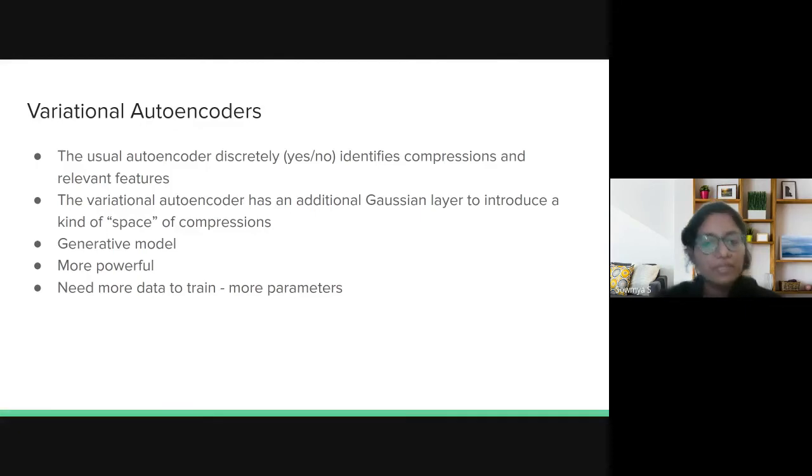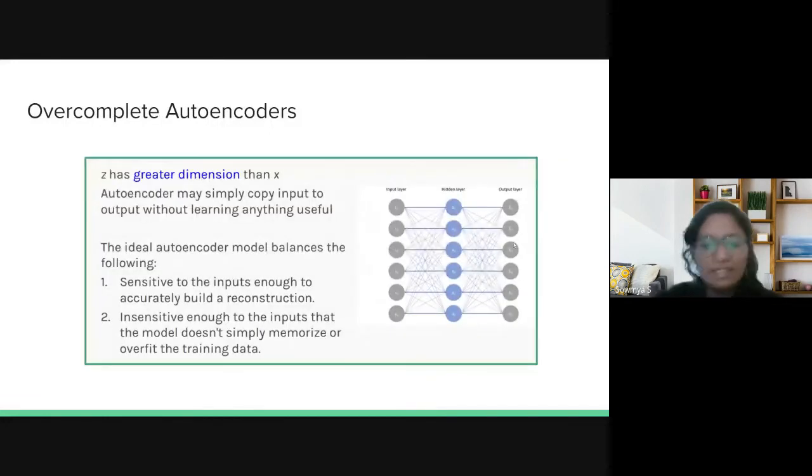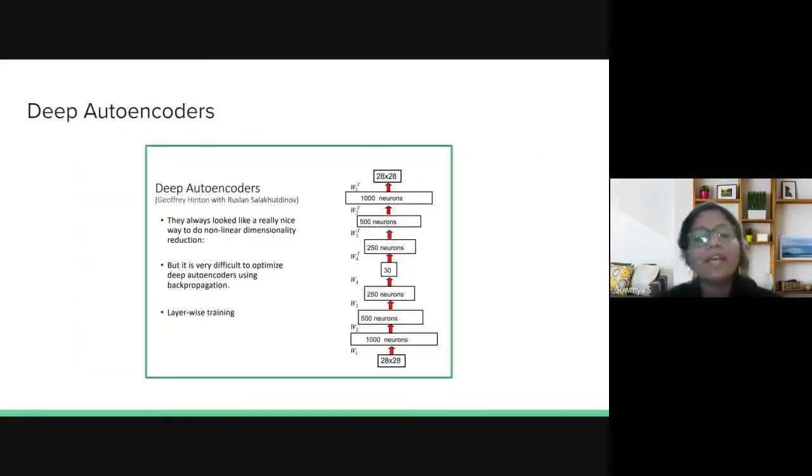So the idea is to bring in some more nonlinearity and some more learning, and you add Gaussian layers or continuous layers. So here it is discrete, in the sense that in any of the autoencoders, the compression is here. Whereas if you have studied MP3 or JPEG compressions, they are kind of in the analog sort of domain.